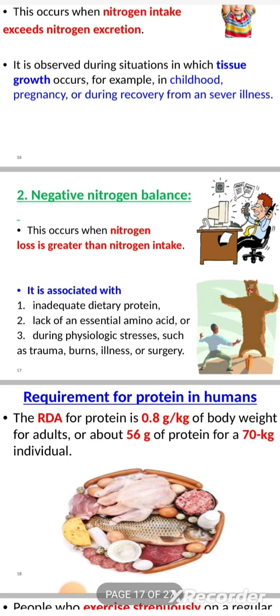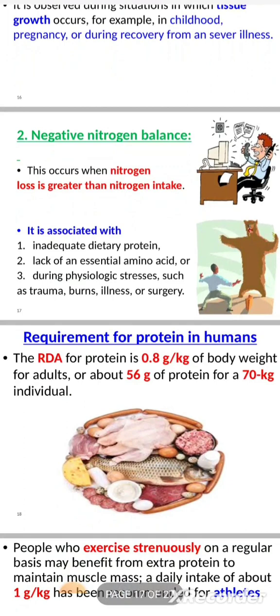This is associated with inadequate dietary protein, lack of essential amino acids, and physiological stress such as trauma, burns, illness, and surgery. In this case, you are in negative nitrogen balance.